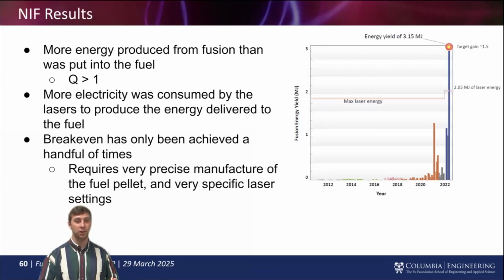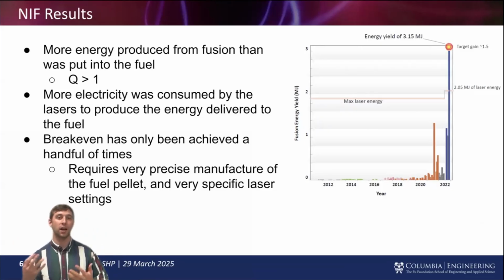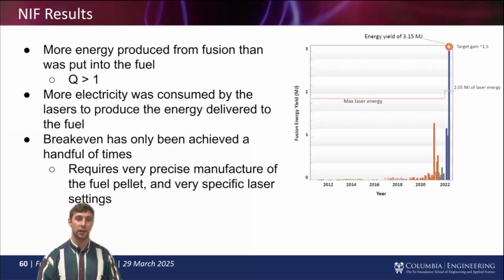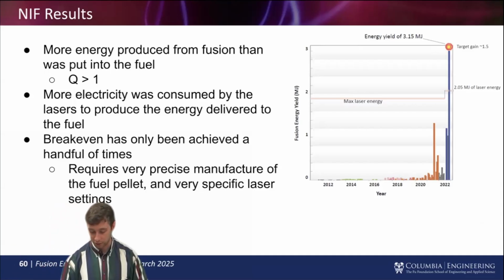The way that they measure this Q, though, is not consistent with an actual device, because they don't take into account the amount of energy that goes into the full system that creates their concept. However, it is a great scientific achievement to show that we are able to achieve plasma conditions that produce more energy from these fusion reactions than we actually direct into the plasma from the lasers that are used to confine the plasma.